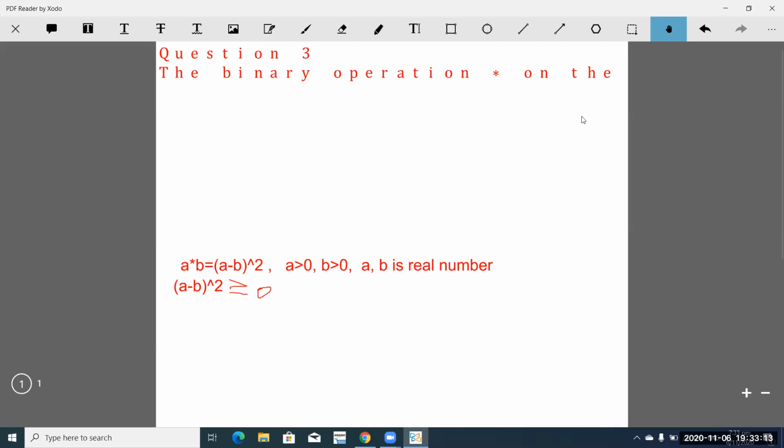Because it's being squared. Very good, it's being squared. So no matter what A and B are, once you square it, it's going to be positive. The square of any number is positive, so we can conclude that (A minus B) all squared is also a real number, and that real number is always greater than or equal to 0.